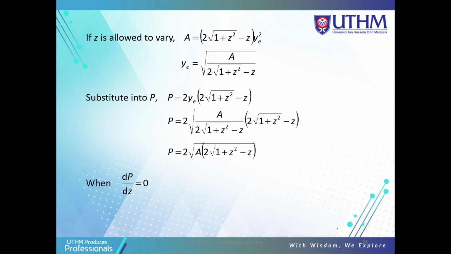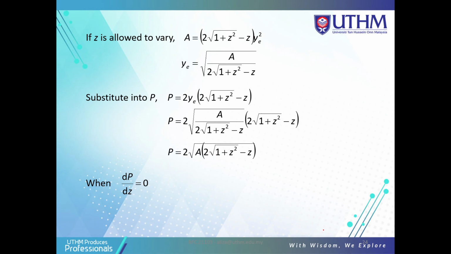You calculate again with A as constant, so this is Z allowed to vary, and you use dP over dz.